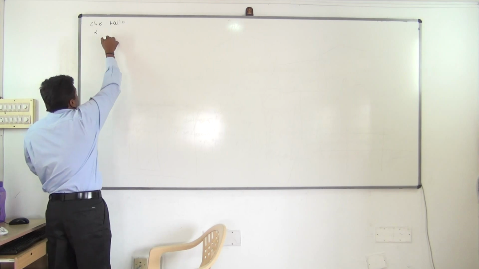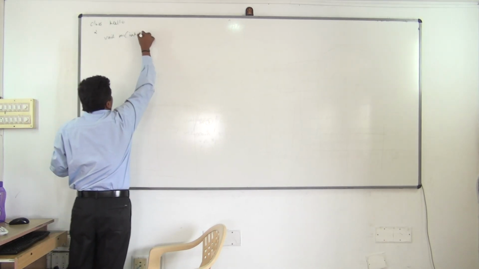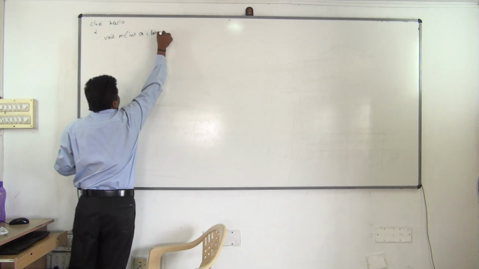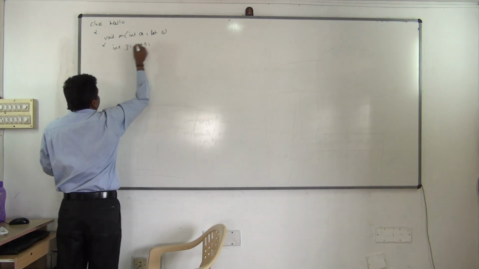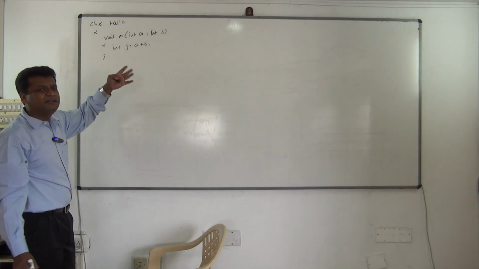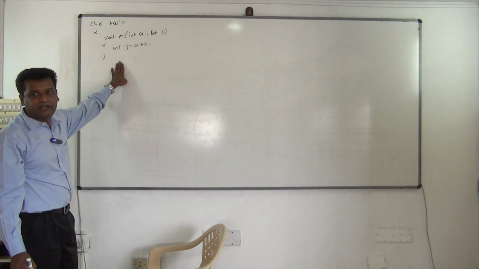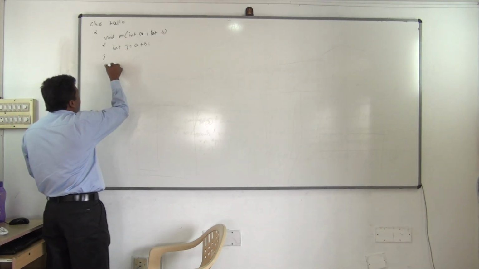Supposing we start writing void m1. If I want to add 2 numbers, I'll have int a and int b. Int z is equal to a plus b. Correct? This is the logic. You can add and return, that is secondary. But this is how you write the logic for adding 2 numbers. Supposing I want to add 3 numbers.